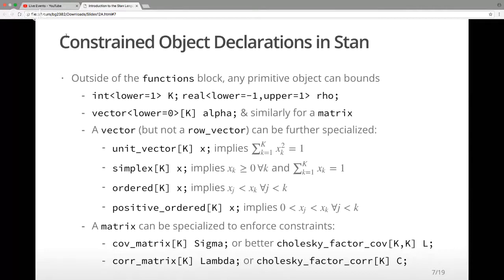And then analogously with the correlation matrices, and a lot of times it's better to use a correlation matrix and a vector of standard deviations than just a plain covariance matrix. But corr_matrix of size k, or cholesky_factor_corr to do the Cholesky factor of a correlation matrix. The correlation matrix will not only be positive definite, but the diagonal elements of it will be fixed to 1. And of course, both of these are symmetric.